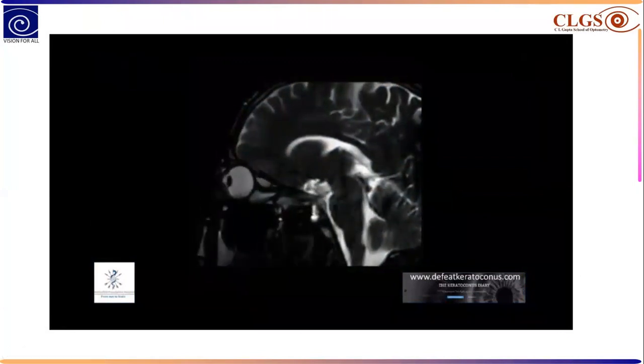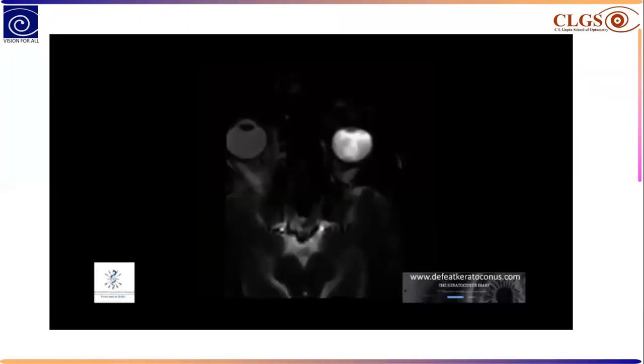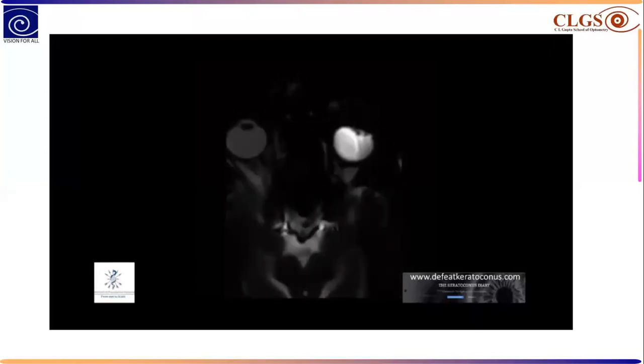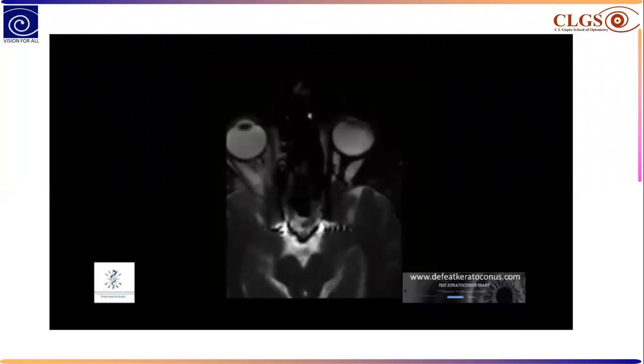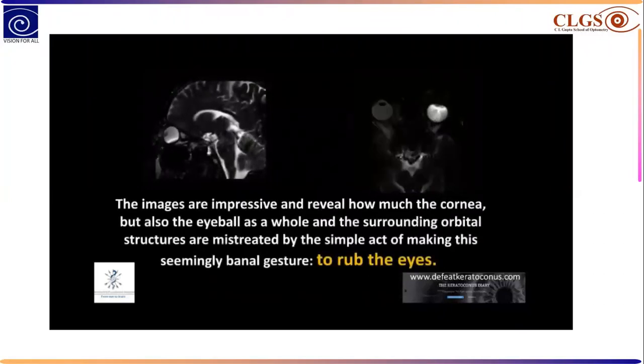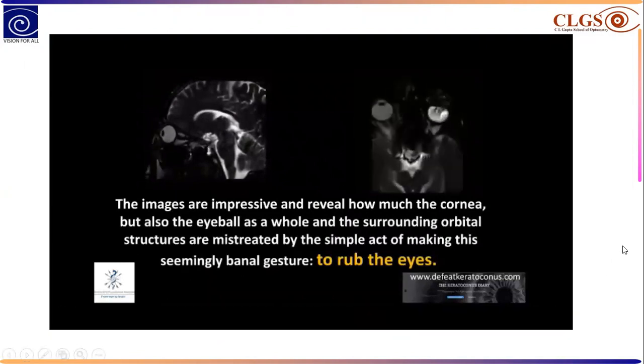If you see this MRI video, it shows how rubbing does not only affect the cornea, it also affects the whole eye globe. If a person rubs their eyes, over a period of time it eventually leads to some abnormality of the cornea. Sometimes problems with IOP have also been seen in people who frequently rub their eyes.